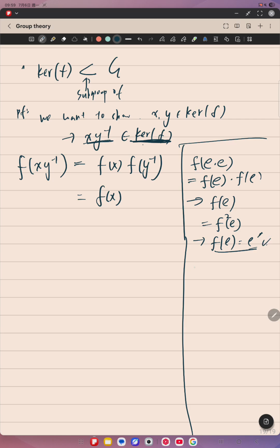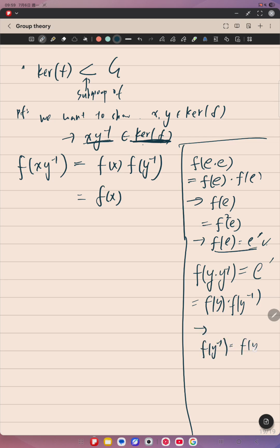So from here I know that f(y) times f(y) inverse is e prime, which tells me that f(y inverse) is the same as f(y) inverse.